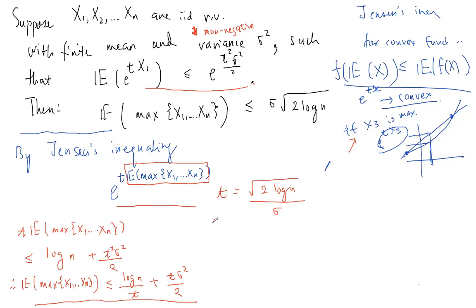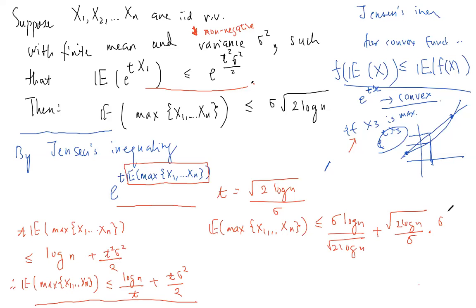So then your expectation will become sigma log n over square root of 2 log n plus square root of 2 log n over sigma times sigma square over 2.